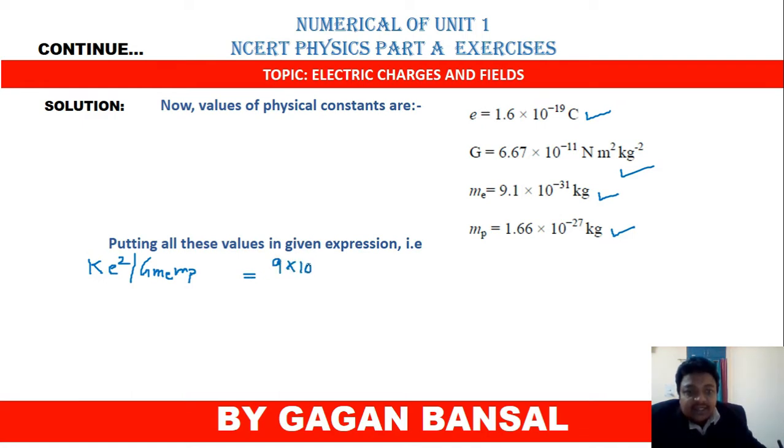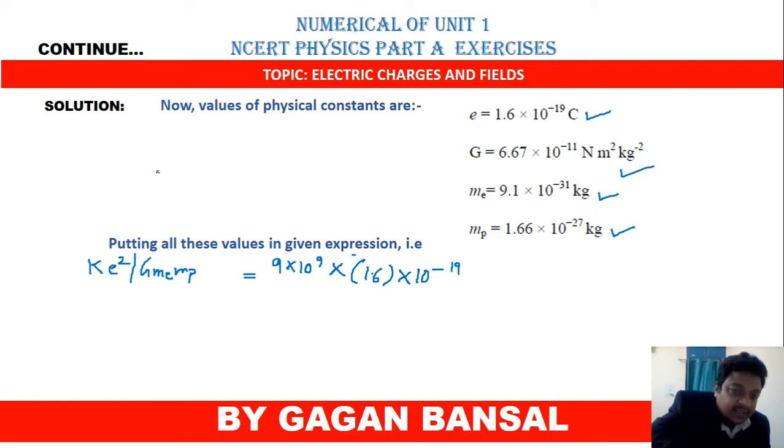So putting all these values, K is 9 into 10 raised to the power 9 into e square means 1.6 into 10 raised to the power minus 19, I will make it whole square.